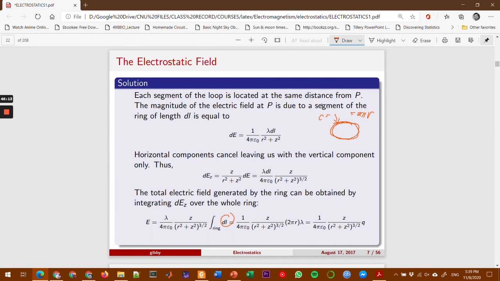Integrating dL from 0 to 2 pi, with r constant, we have 2 pi r. After integrating, we are left with this equation. The direction here should be z hat, because that's a vector quantity.